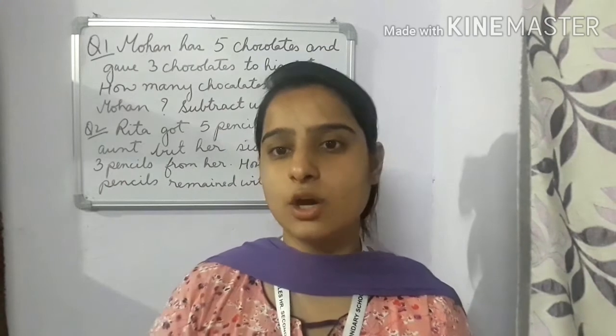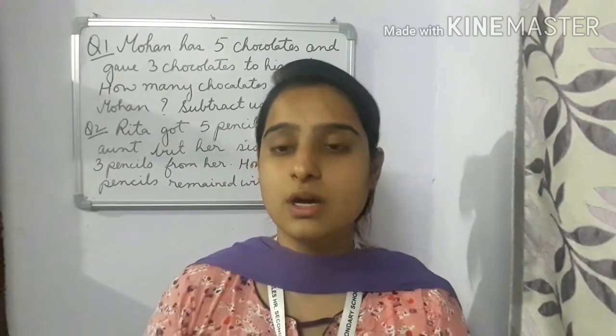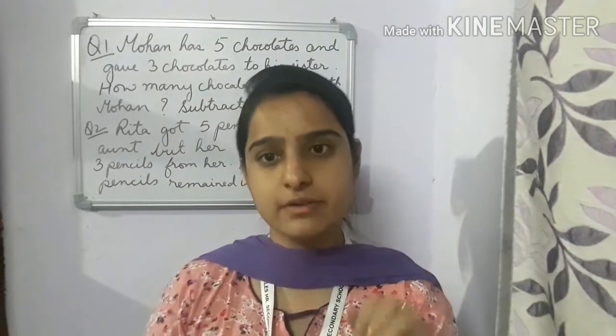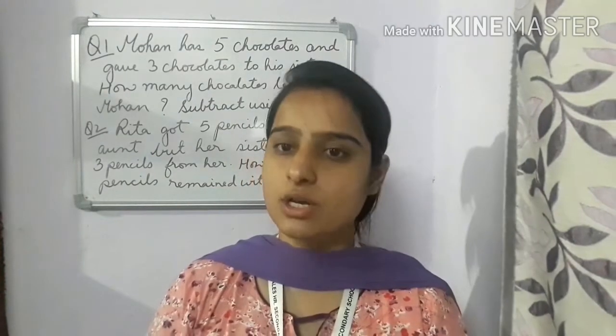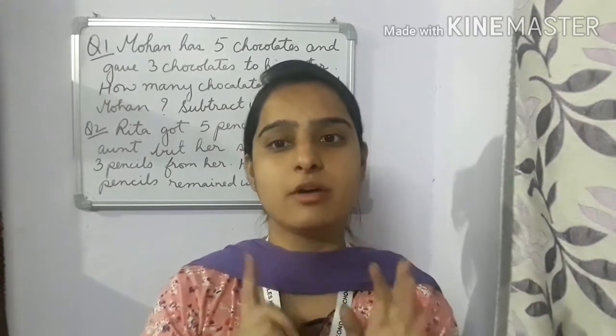So if you get 3 pencils and your sister or brother wants 1 pencil out of it, what will you do? You will give 1 pencil, and how many pencils will remain with you? You will count first the number of pencils you have received, and you will cancel the number of pencils you have given to your brother or sister, and the number of fingers that remain open means those number of pencils are with you.